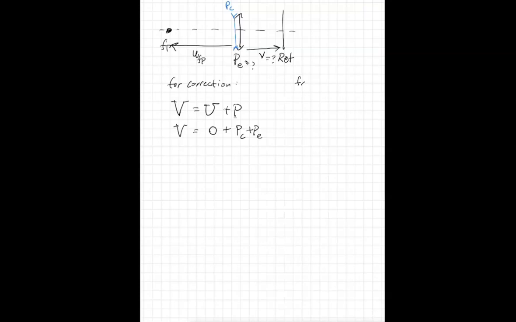We can in fact do something, because we could also apply V equals U plus P for the far point. Imagine having an object right here at the far point, and then no correction lens, just the unaccommodated eye. If there's an object at the far point, it forms an image on the retina.